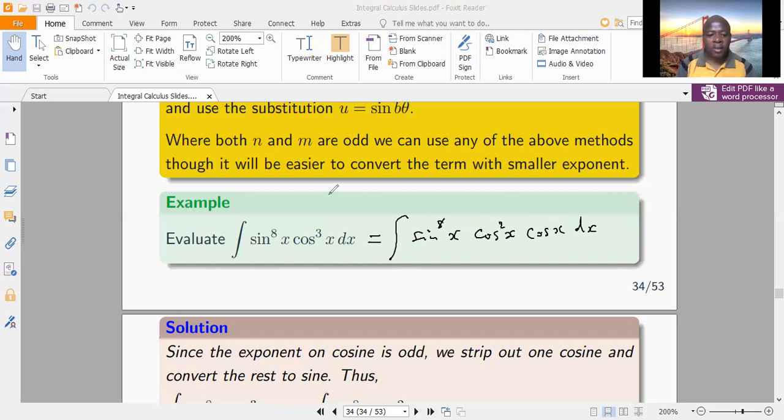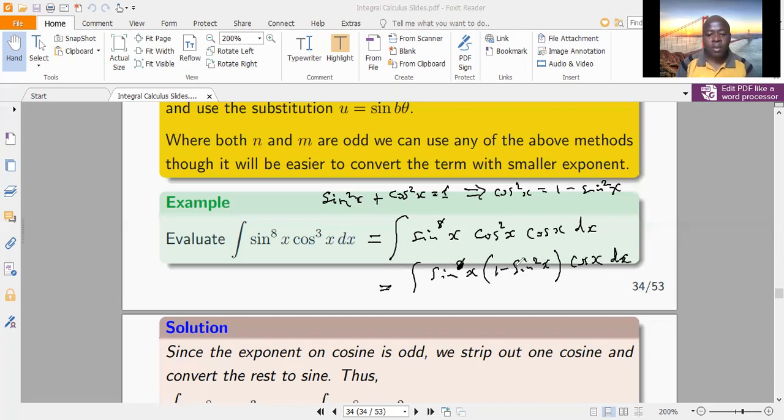We know the identity says that sine x squared plus cos x squared is 1, so cos x squared is 1 minus sine x squared. So it will be the integral of sine x raised to 8, times 1 minus sine x squared, multiplied by cos x dx.